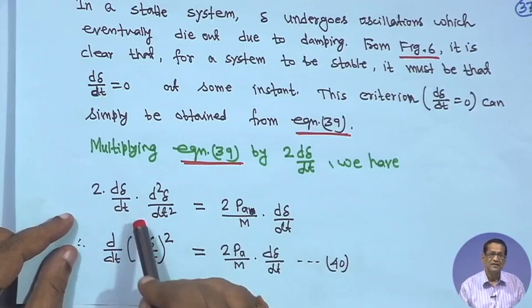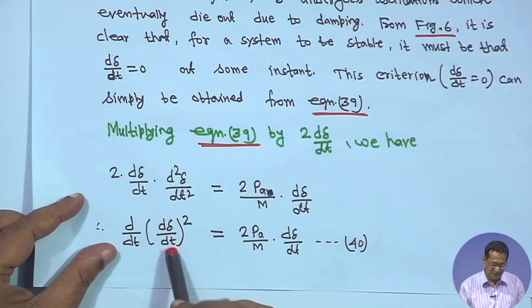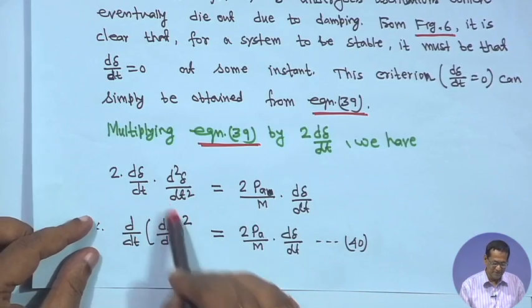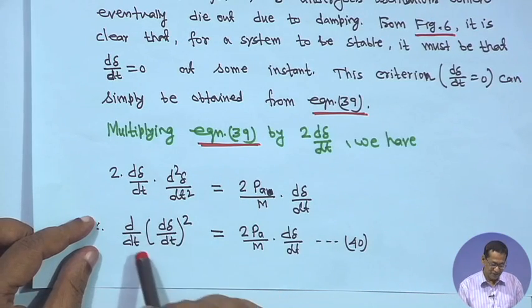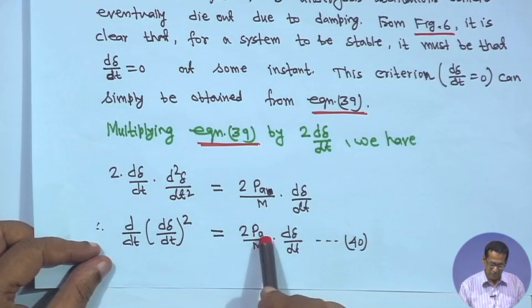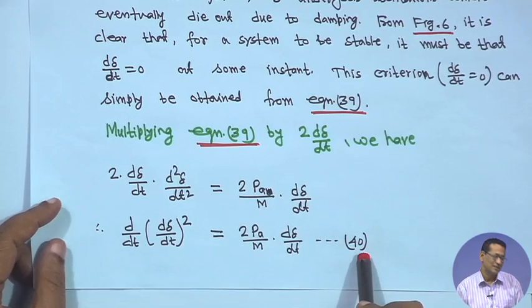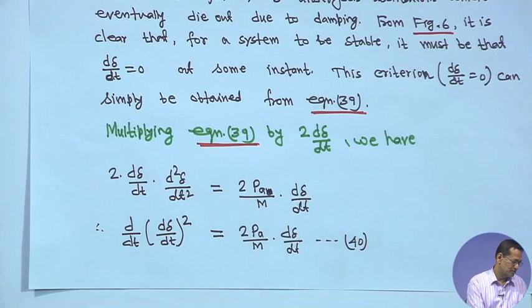The left hand side can be written as d dt of d delta by dt whole square. If you take its derivative, it will come like this. So, we are writing d dt of d delta by dt whole square is equal to 2 P a upon M into d delta by dt. This is equation 40.